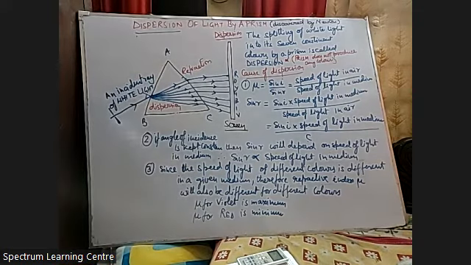Sir, is a prism the only thing capable of causing dispersion in white light?